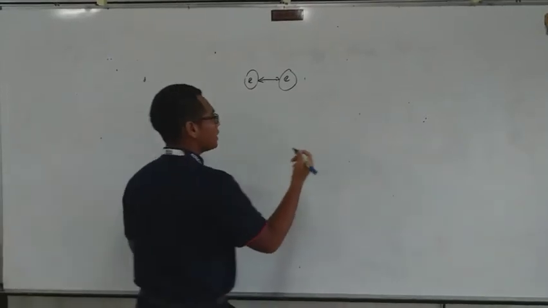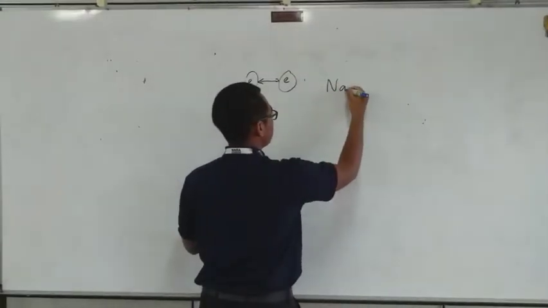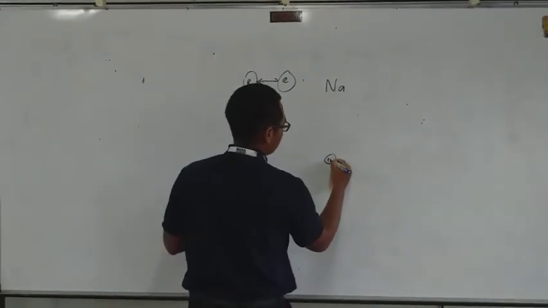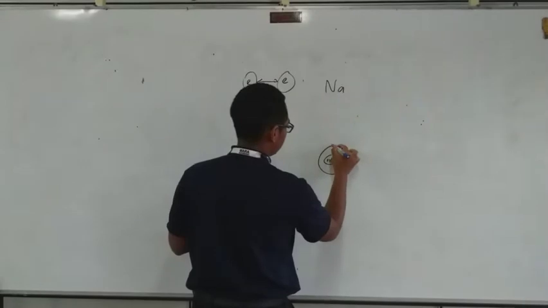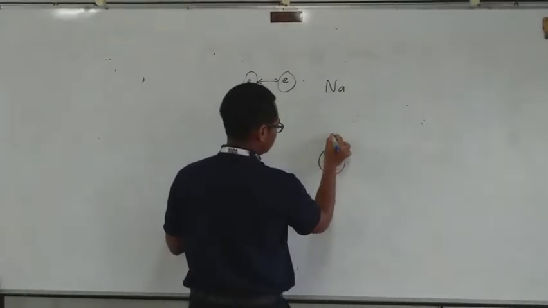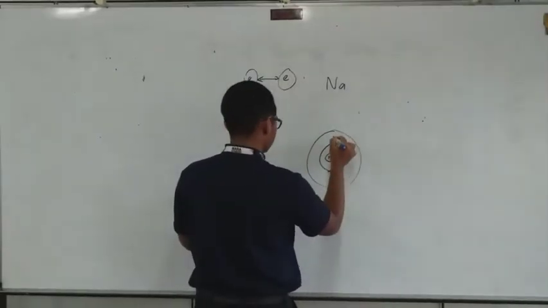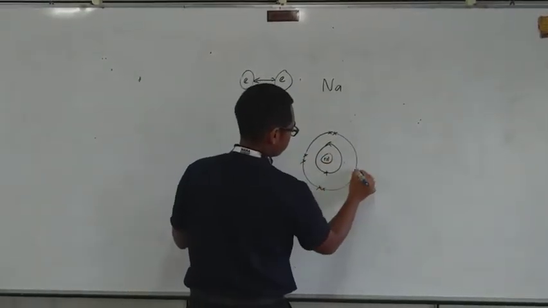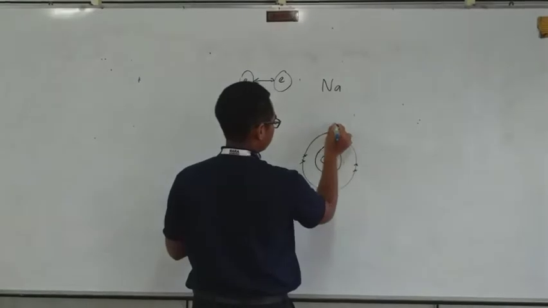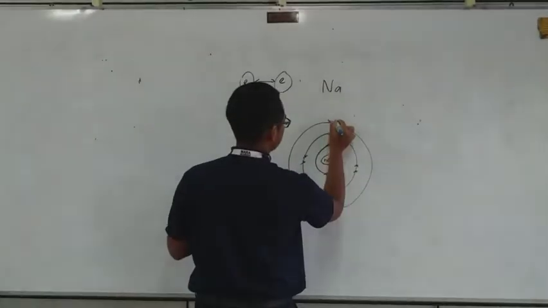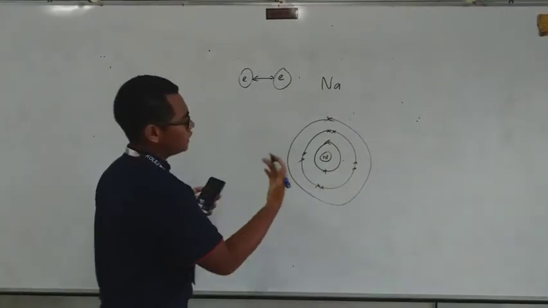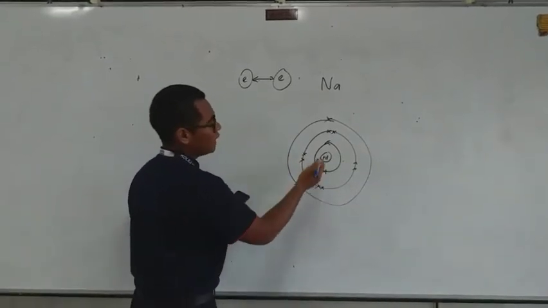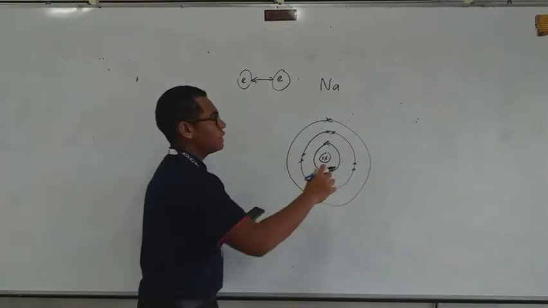So I give you one example of a sodium atom. The sodium atom has 11 protons and 11 electrons.